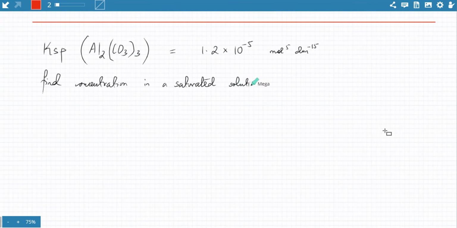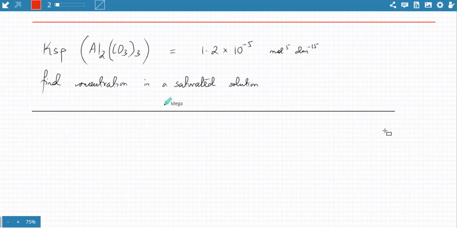In a saturated solution, everything has to be exactly the same. And do another question as well. I mean, send me the answer to the first one. The second one is that the Ksp for calcium bromide is given, and it's given as 9 times 10 power minus 2.